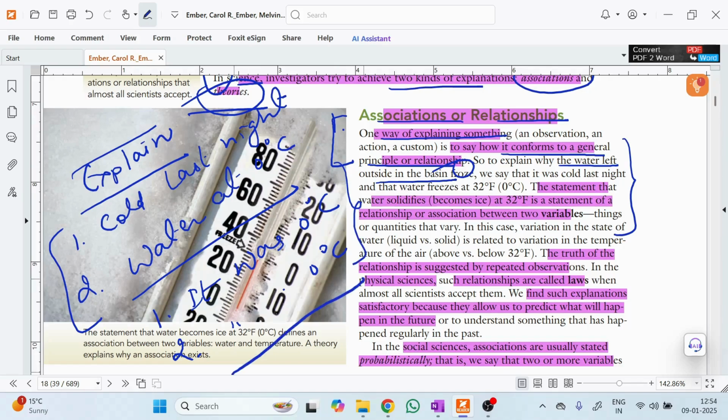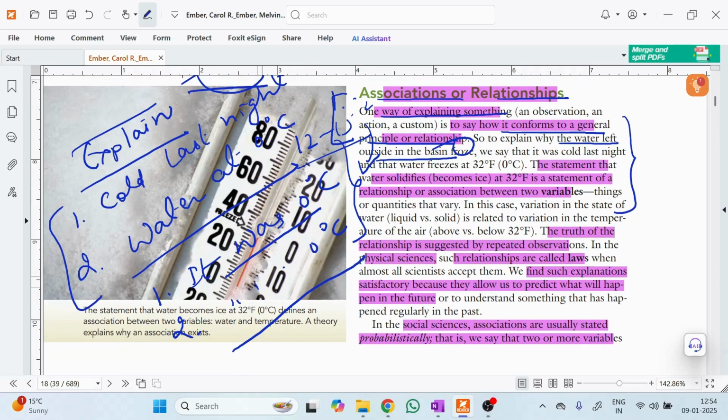So here you can see an association or relationship between two variables. First, the temperature of the night varied from the normal 12 or 15 degrees centigrade. It plummeted to 0 degrees centigrade, and then the other is the general principle that water freezes at 0 degrees centigrade. So this particular kind of explanation can be called satisfactory because your answer conforms to an established principle.